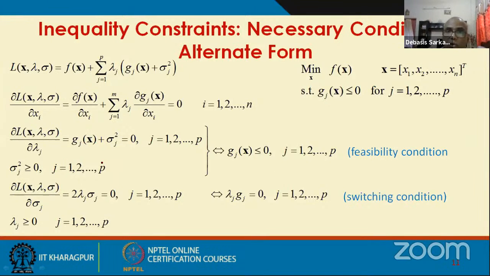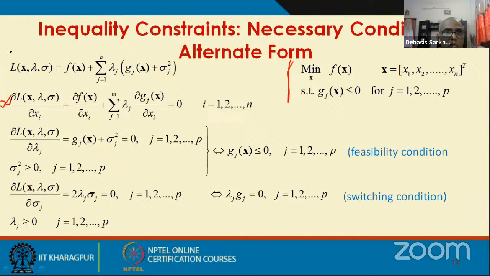So we are talking about this. We have this objective function subject to this g less or equal to 0 type inequality constraints. So we have just seen that the optimality conditions require del L del xi equal to 0.